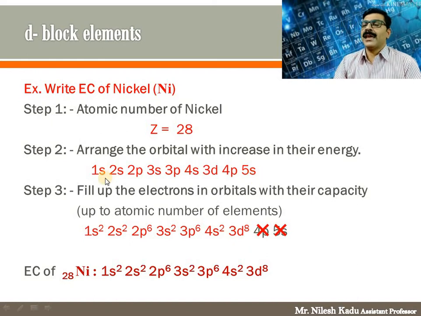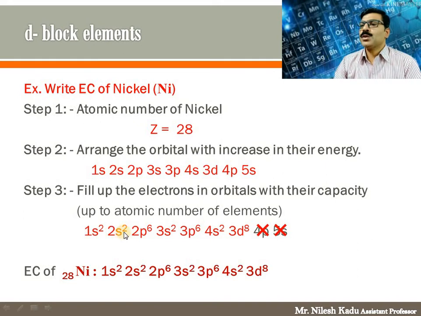Now in the third step, you have to fill up the electrons in orbitals according to their capacity and fill up the electrons equal to the atomic number of the element. Then the 1s orbital has 2 electrons because the s orbital has 2 electron capacity.